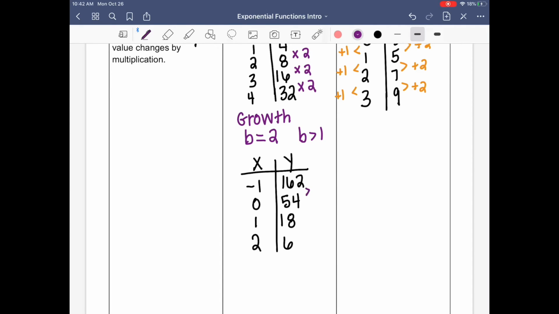The first thing that most students are going to see is, okay, from 162 to 54, we're dividing by 3. We're dividing by 3 from 18 to 6. But we cannot divide by 3. We have to represent everything as multiplication. So we need to change this to multiplication by the reciprocal.